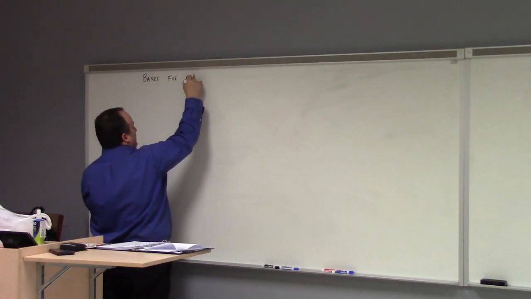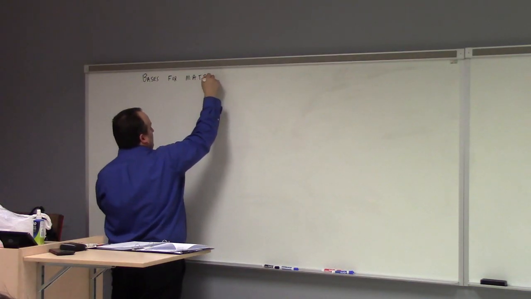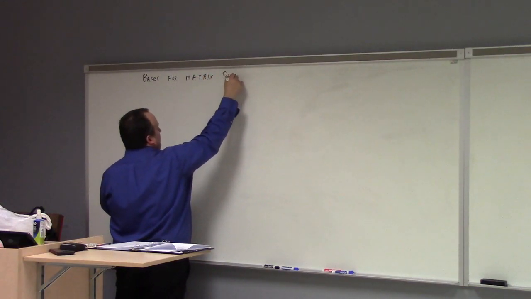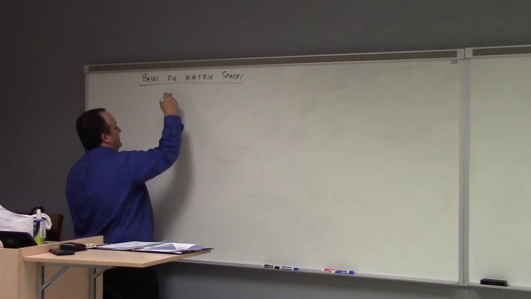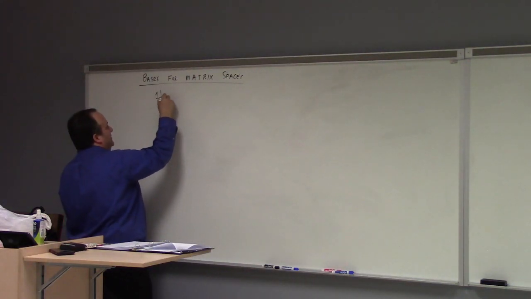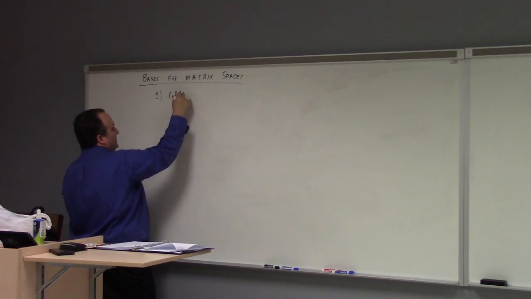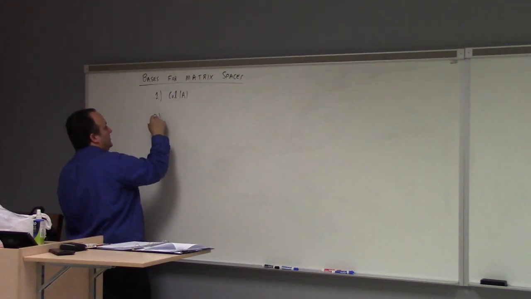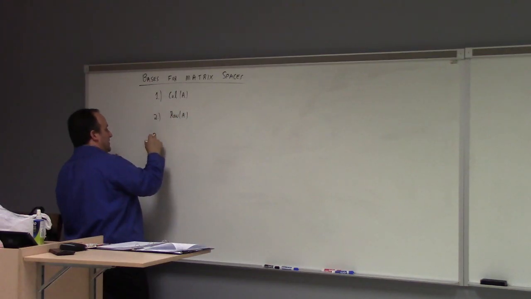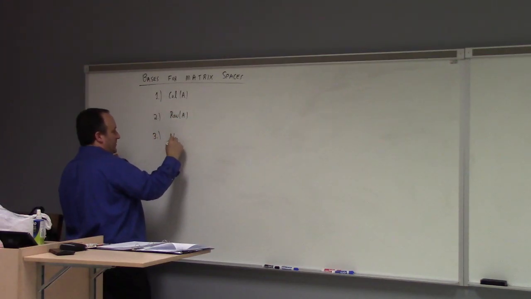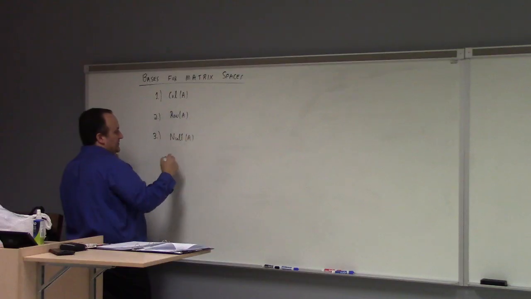So bases for matrix spaces are a special topic. There are really three that come to mind immediately. Number 1, we can talk about the column space of a matrix. Number 2, we could talk about the row space of a matrix. And number 3, we can talk about the null space of a matrix.